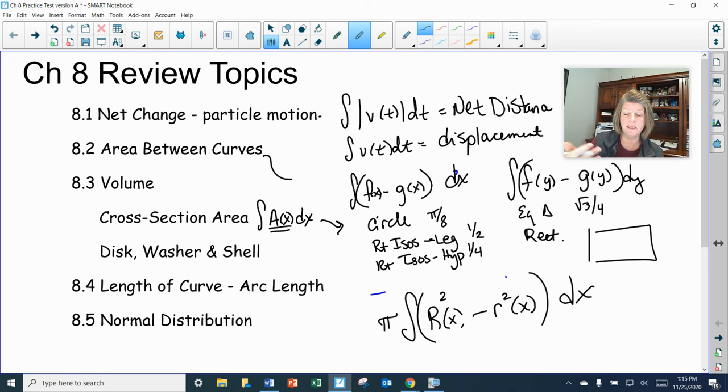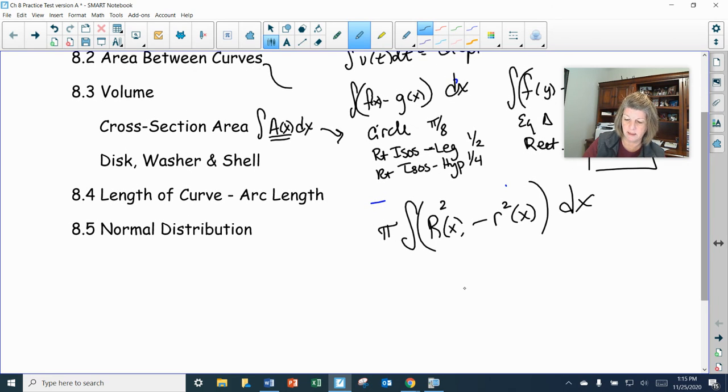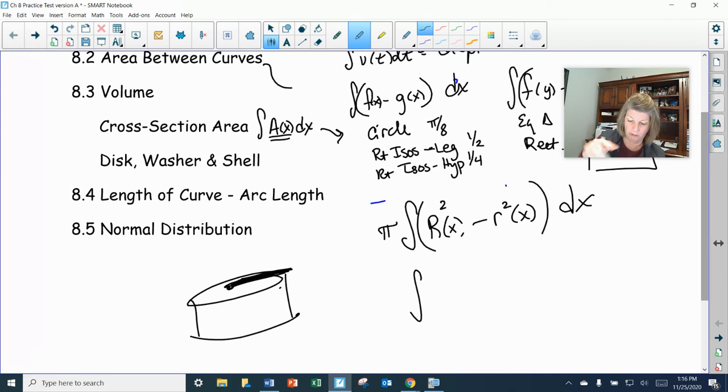I use x when I'm perpendicular to a horizontal axis of rotation. Shell method is like this. We need the axis of rotation, or the radius of what's being rotated, and that gets us into a 2 pi r times the height of our shell, which is either f of x or f of y.